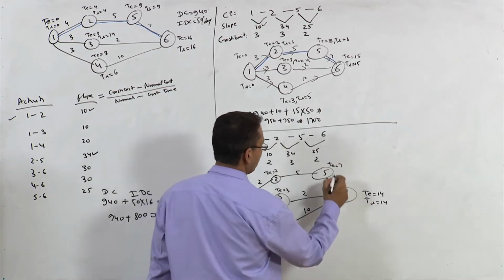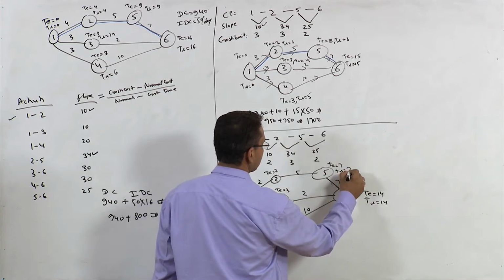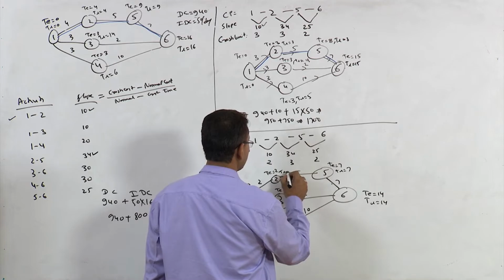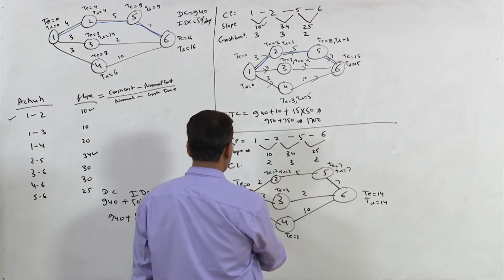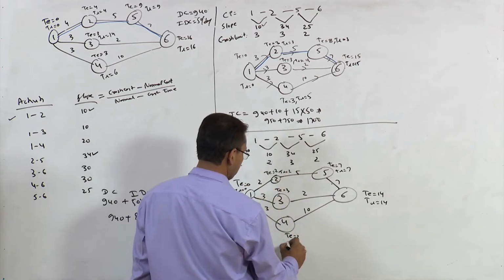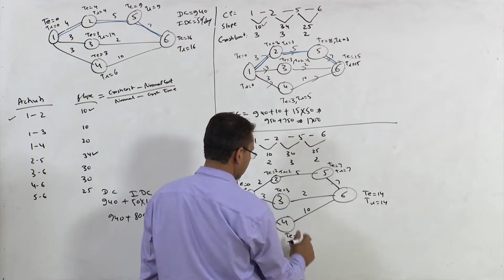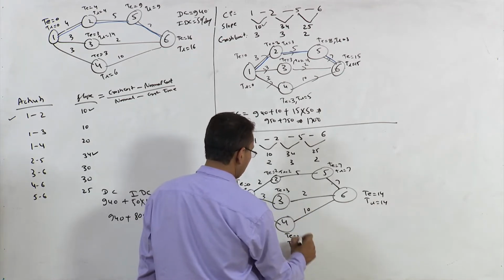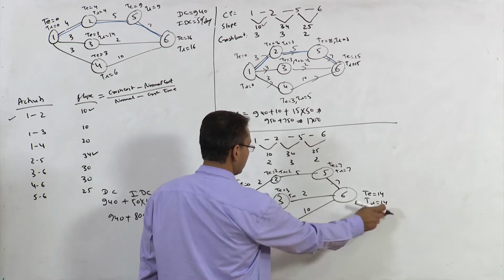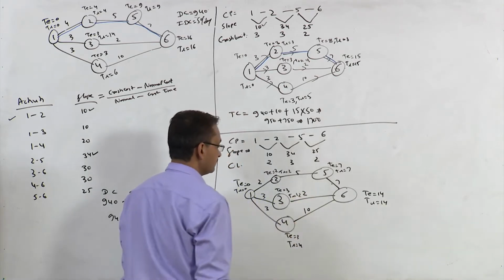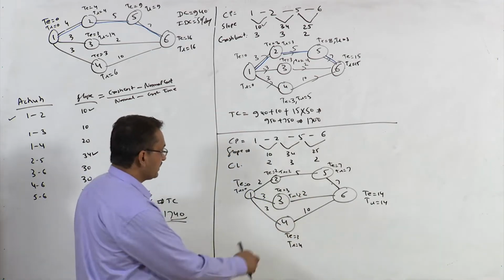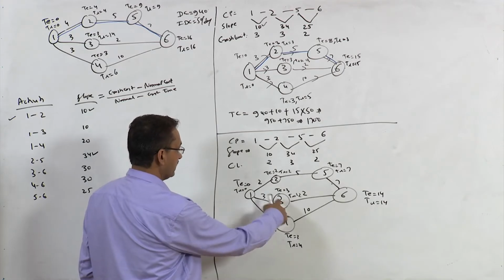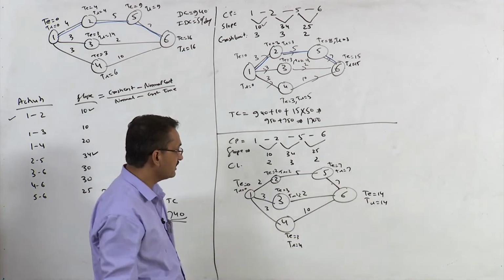So this is 14, TL is 7, TL is 2, TL is 0, TL here is 14 minus 10, it is 4, and TL here is 14 minus 2, it is 12. So except at these 2 nodes, at all other nodes TE and TL are the same.